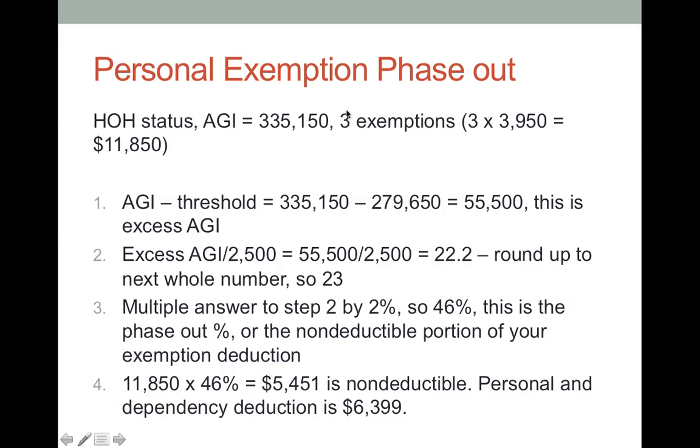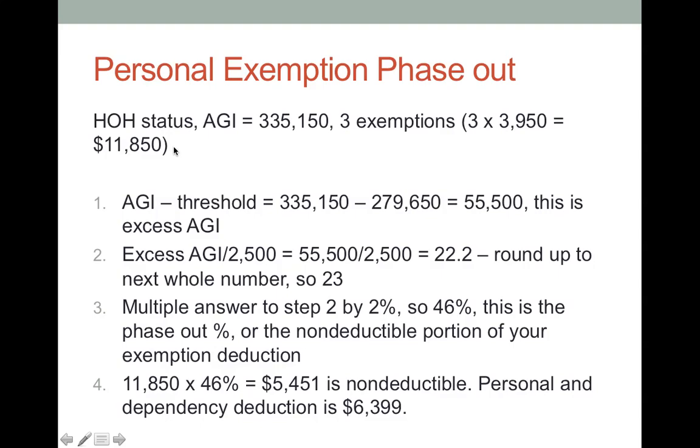So this must be one for herself, and then she has 2 dependents. So she gets 3 times the exemption amount, $3,950. So her deduction before limitation is $11,850, but because her AGI is so high, she can't deduct this entire amount.